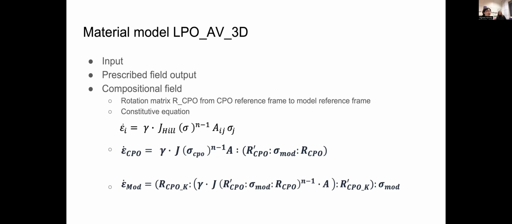The reason we need this rotation matrix is that our constitutive equation using the Hill's parameters works only in the CPO reference frame, but we also need to rotate the CPO reference frame back into the model reference frame in ASPECT, so we need an RCPO rotation matrix and the RCPO-transpose rotation matrix, which we constructed from the eigenvectors stored in the composition matrix.